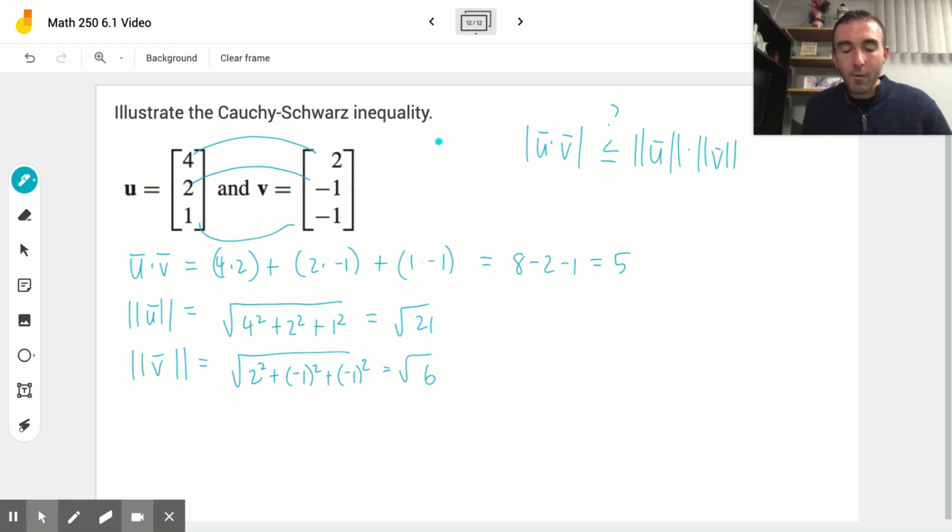So I have absolute value of 5, that's just 5, and then I have radical 21 times radical 6. And this one I think we can do via mental math. If I do multiply these together, is 5 less than or equal to radical 126? And the answer certainly is yes.